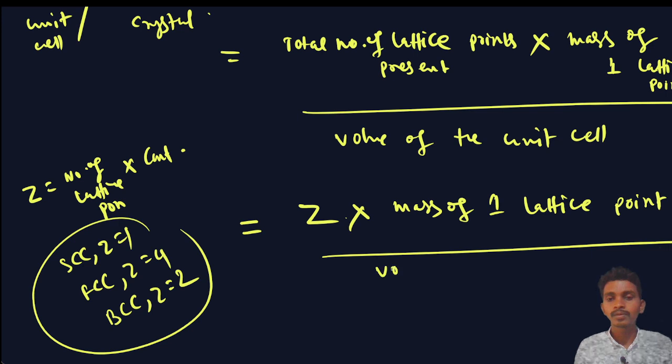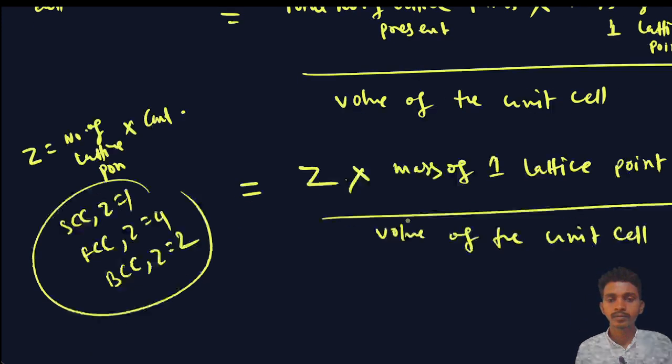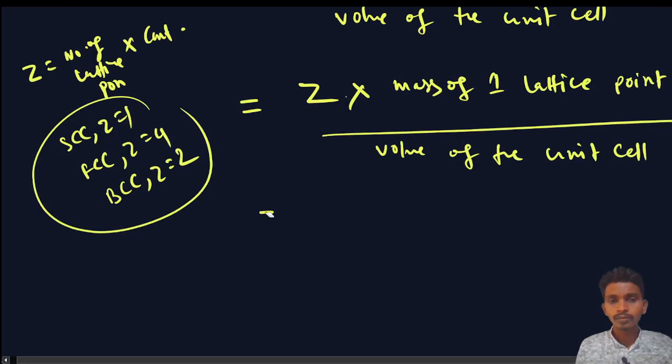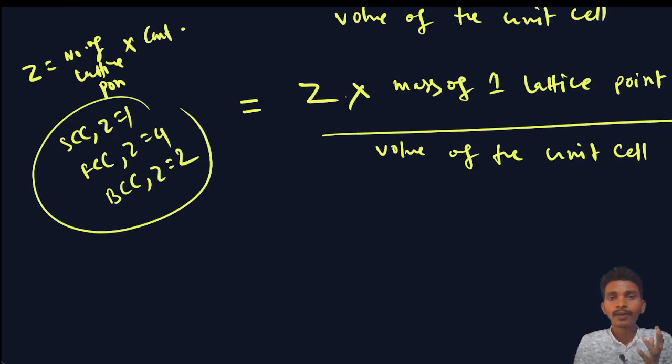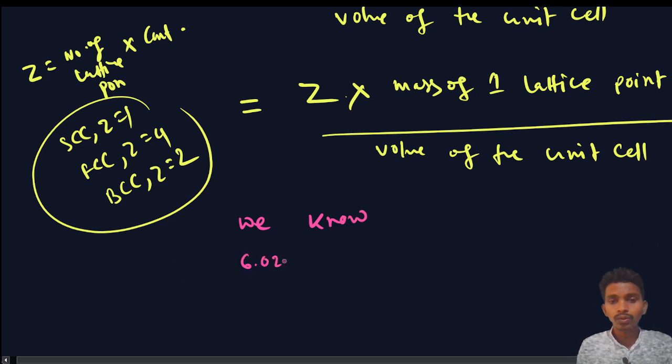Upon volume of the unit cell. So from here, we know 6.022 into 10 to the power 23. So the mass of one lattice point we cannot calculate directly.